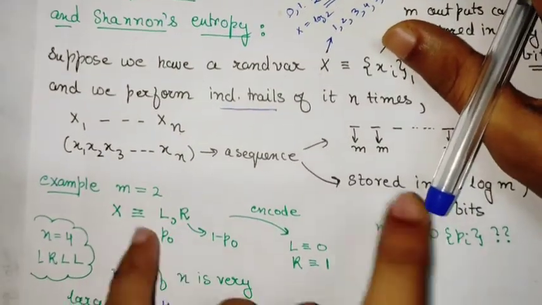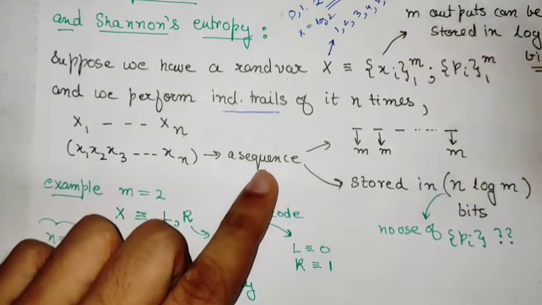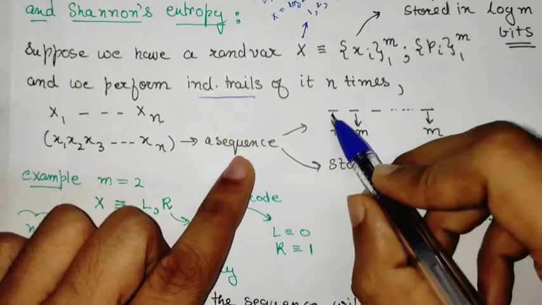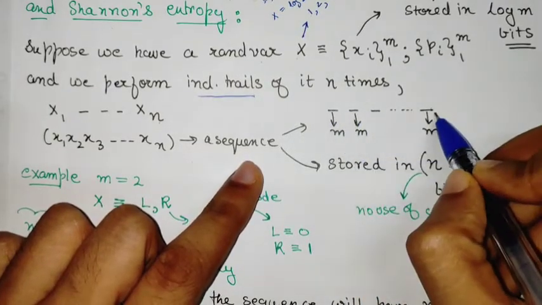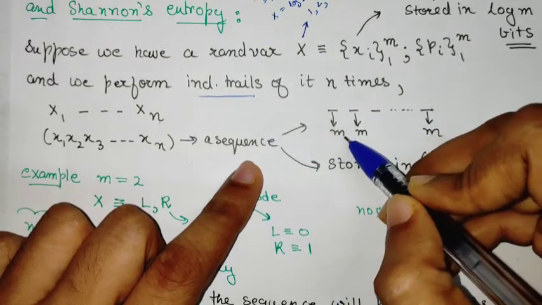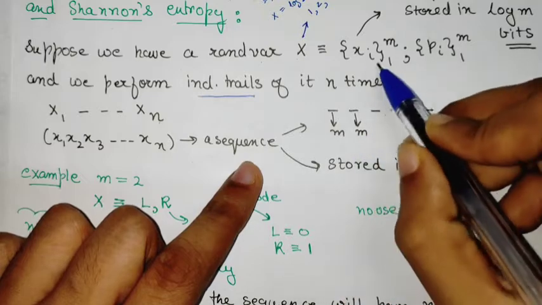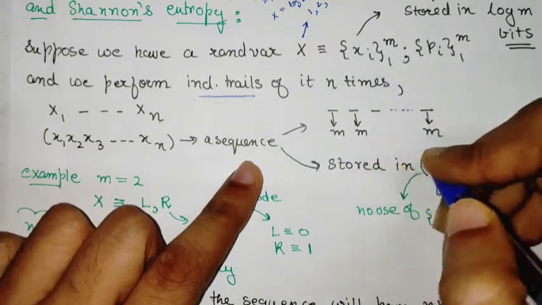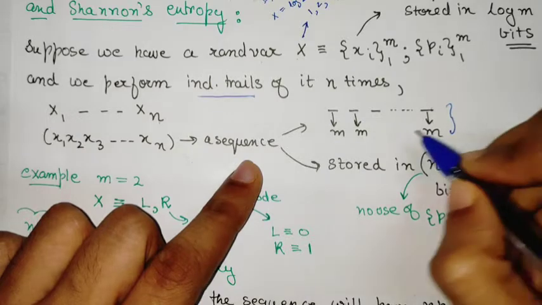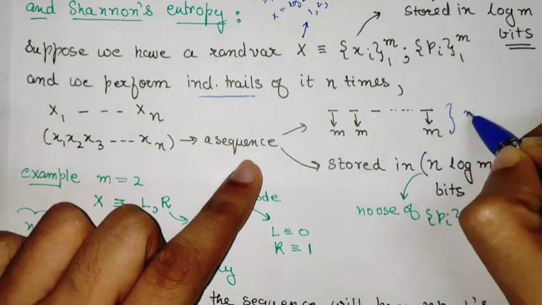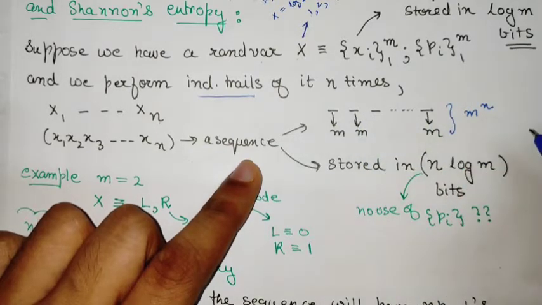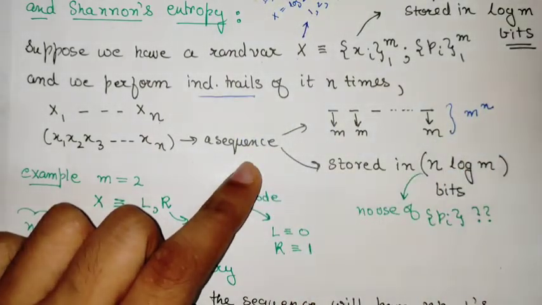These trials are collected in a particular sequence, and since each of the trials is independent, each trial can take m values. So in total you have m to the power n different possible sequences that you can get out of your trials.